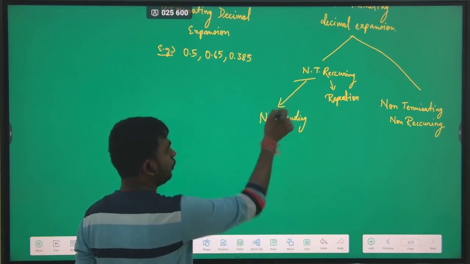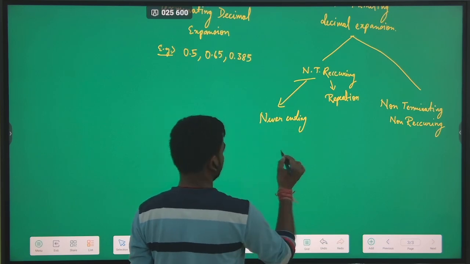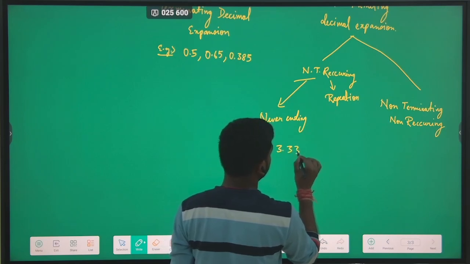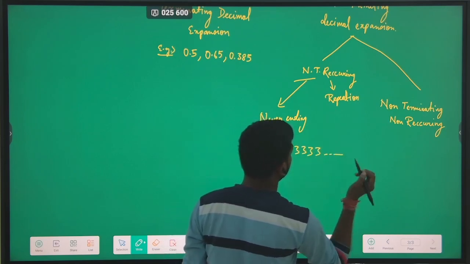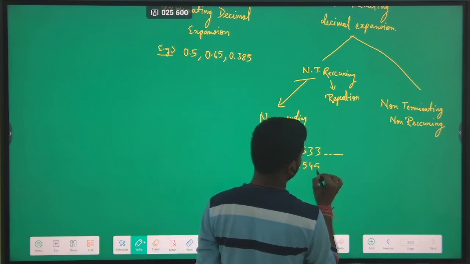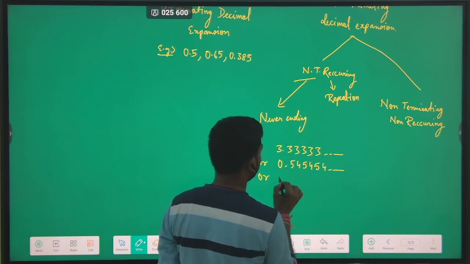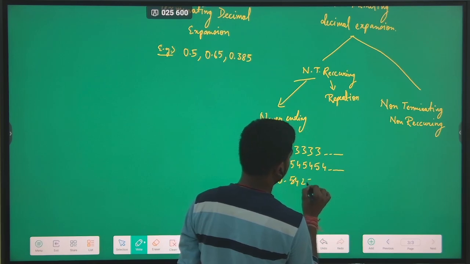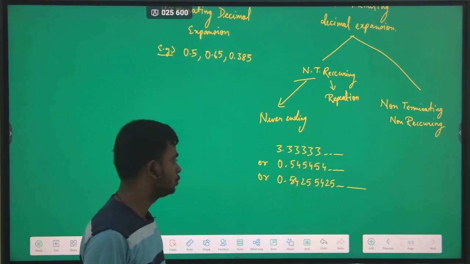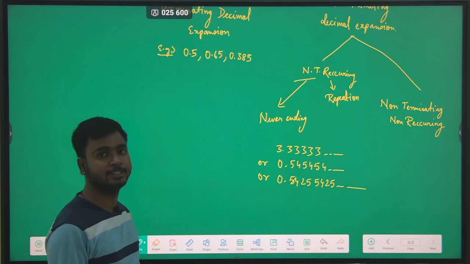Okay. So for non-terminating recurring, we have seen the examples such as 0.33333 continued up to so on, or 0.54545454 continued up to so on, or 0.54255425 and continued up to so on. So these are the cases of non-terminating recurring decimal expansion.